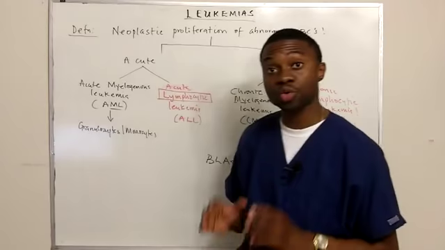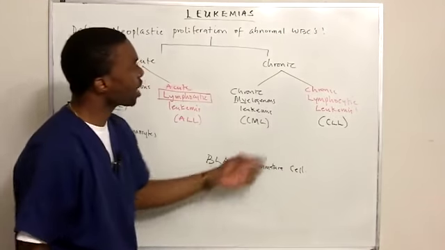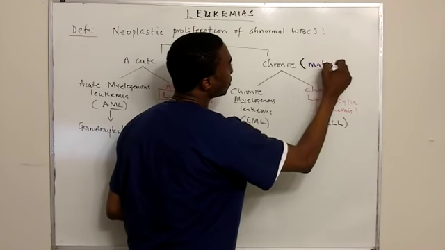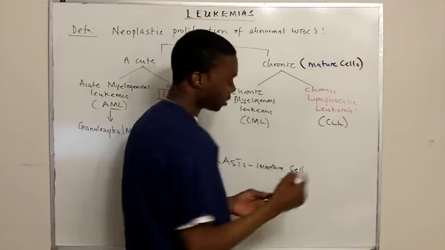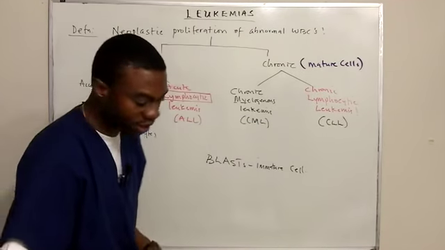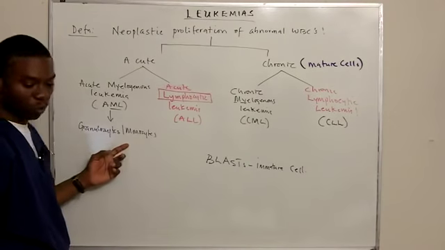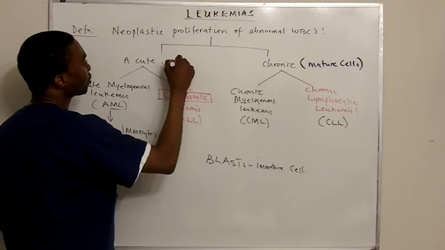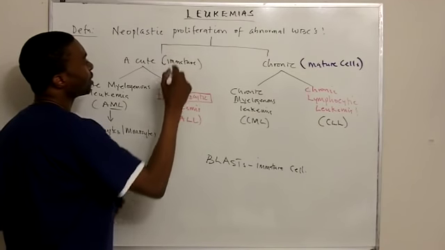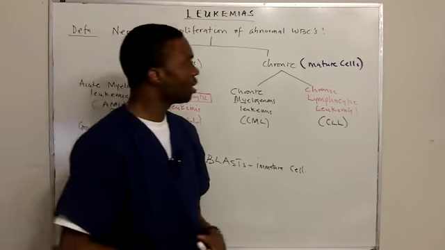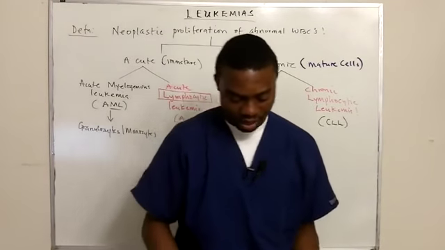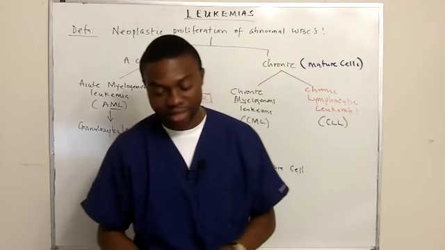Now, chronic leukemias often affect mature cells. So the white blood cells are already mature at this point, compared to acute leukemias, which affect blast cells, which are immature. So always think of acute leukemias of kids that are immature. Think of chronic leukemias when people are adults and they have grown up, and that's the kind of cell lines that are going to be affected.